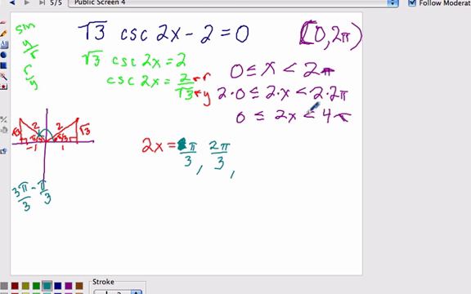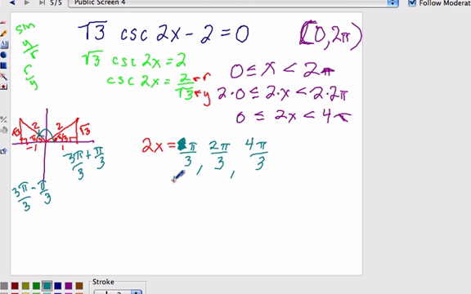Now, remember, I want to look at the solutions less than 4 pi. So I want to think if I went all the way around and then back up here to this reference side right here, to get this angle, I'd say that's pi plus pi over 3. Okay, so think of that as 3 pi over 3, that's 4 pi over 3.